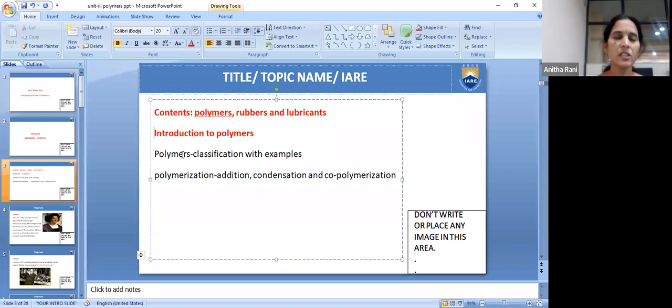Okay. So what we discuss in polymers is types of polymerization: addition, condensation, and copolymerization. Then we will discuss plastics: the difference between thermoplastic resin and thermosetting resin.